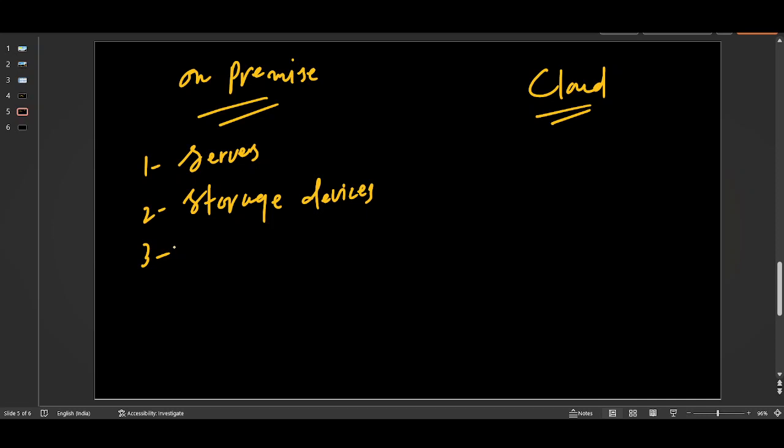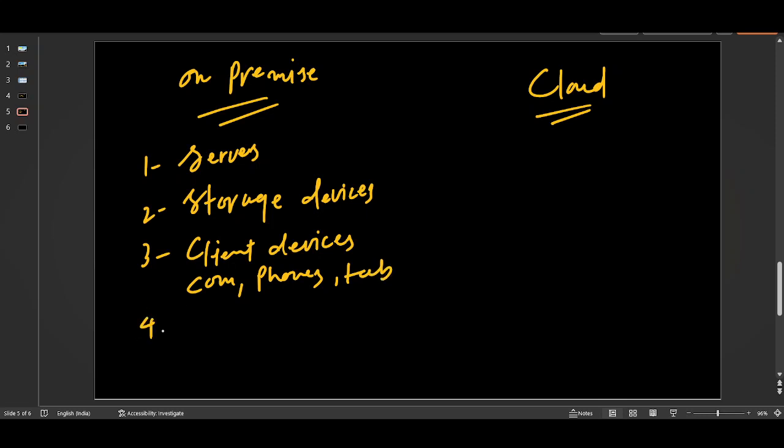At third point, client devices. On-premise client devices are used to access on-premise applications and services. This includes computers, phones, tablets, smartphones. There are many things. Fourth point, networking devices. On-premise networking devices are used to connect servers and storage.